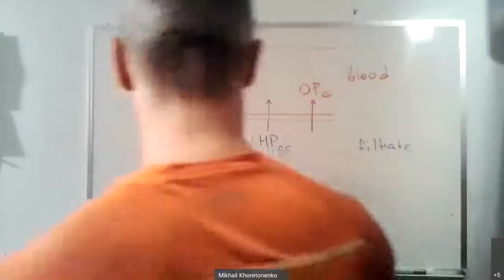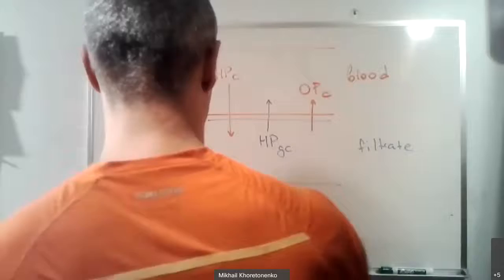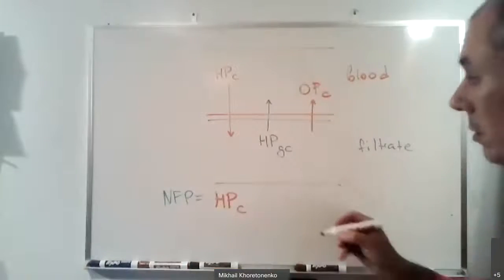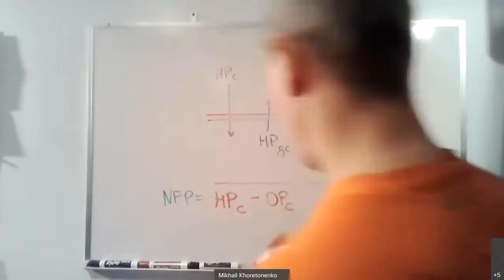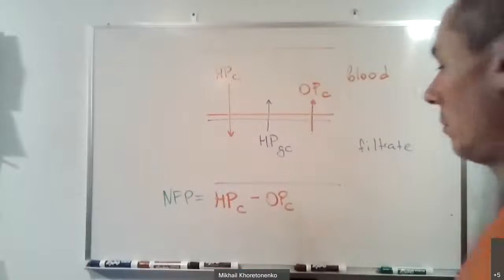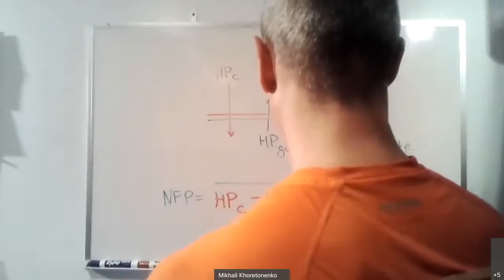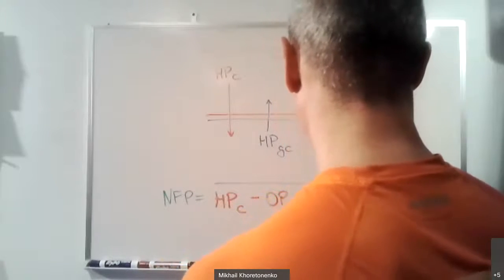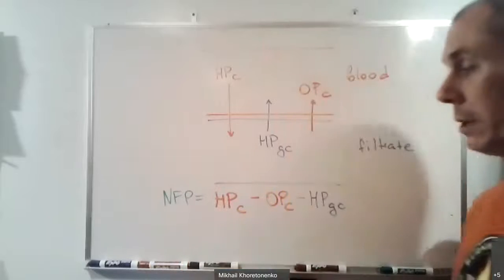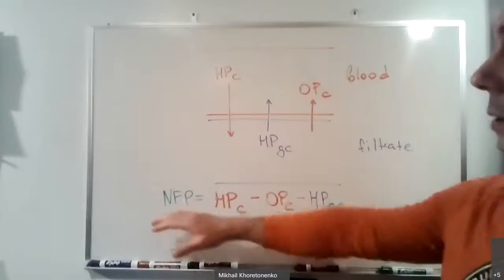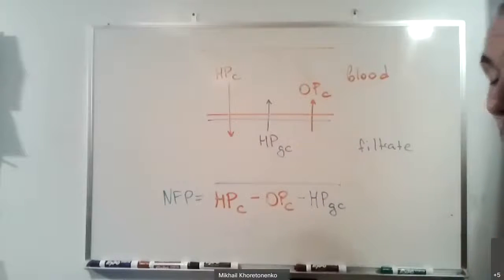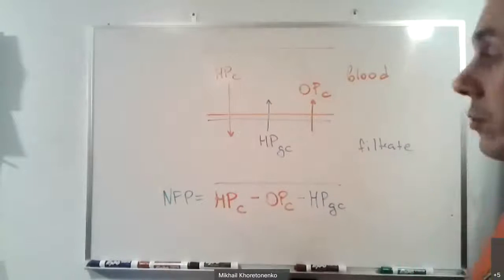So, capillary hydrostatic pressure minus capillary osmotic pressure minus glomerular or capsular hydrostatic pressure. So here's the thing. If you look at this, net filtration pressure must be positive for the filtration to occur.